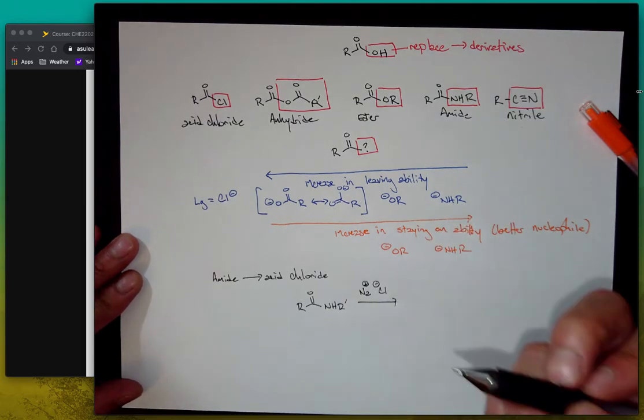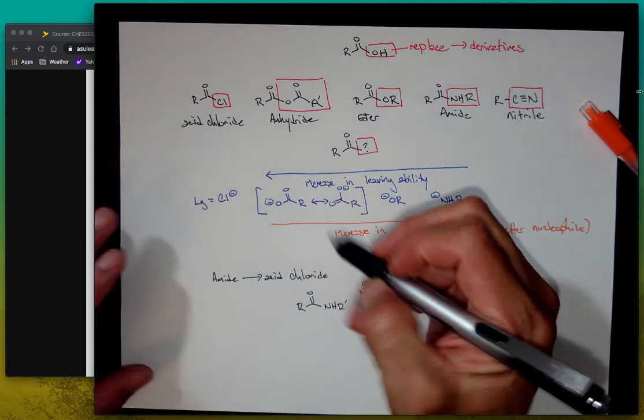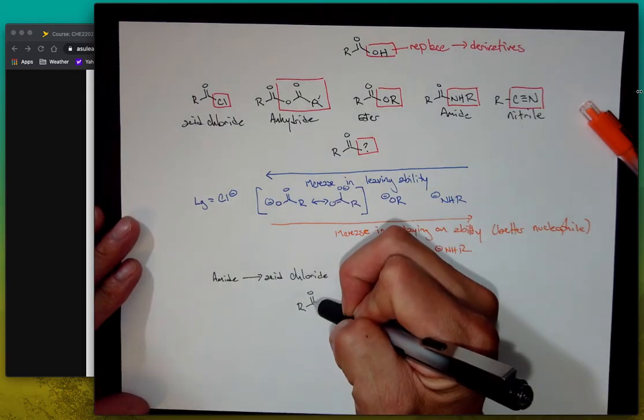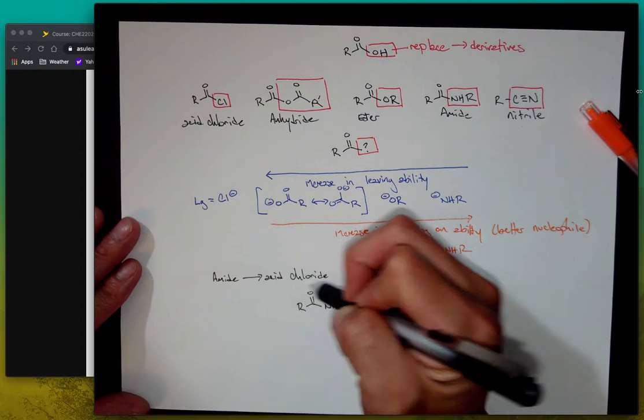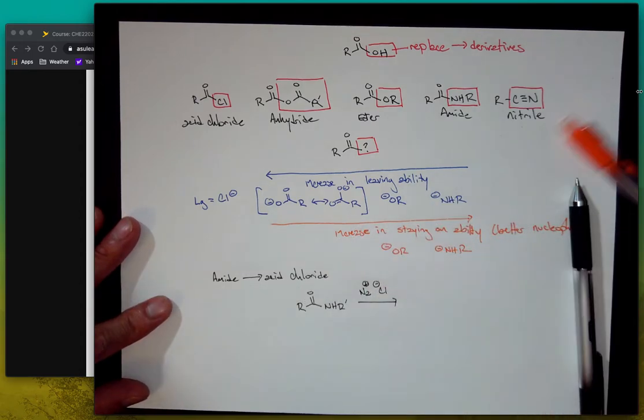And if it did, using the same reaction mechanism we'd always anticipate seeing, nucleophilic attack at the carbonyl, break of the weakest bond, reformation of the carbonyl, let's see what would happen.